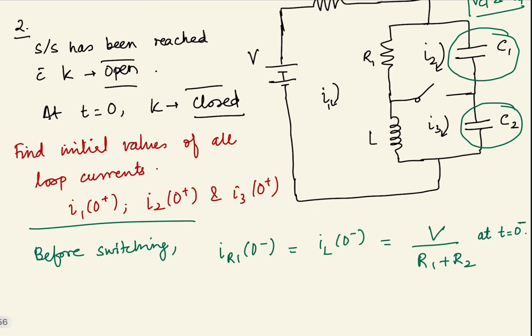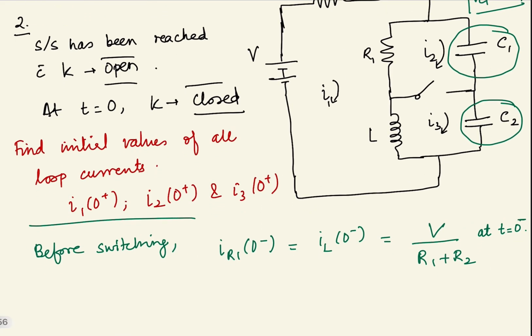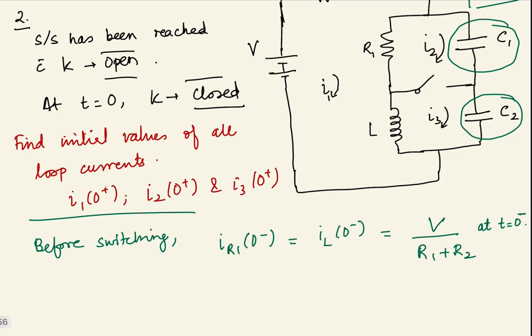Okay, now if you take a look at the capacitors C1 and C2, these capacitors will be charged to some voltages VC1 and VC2.